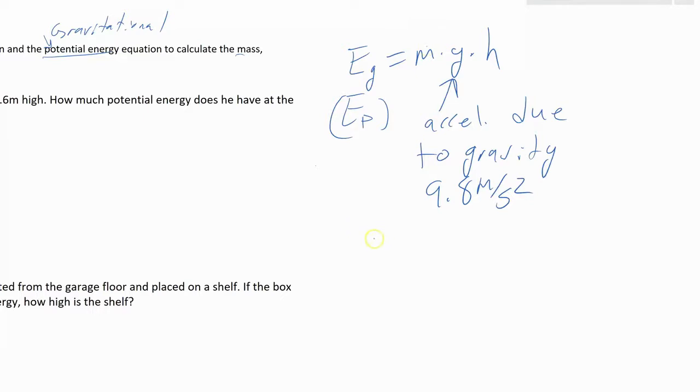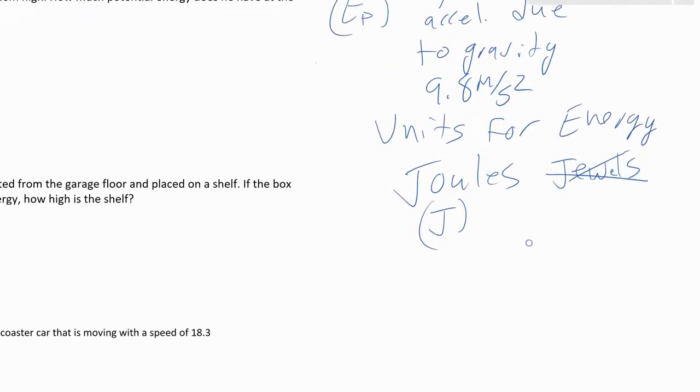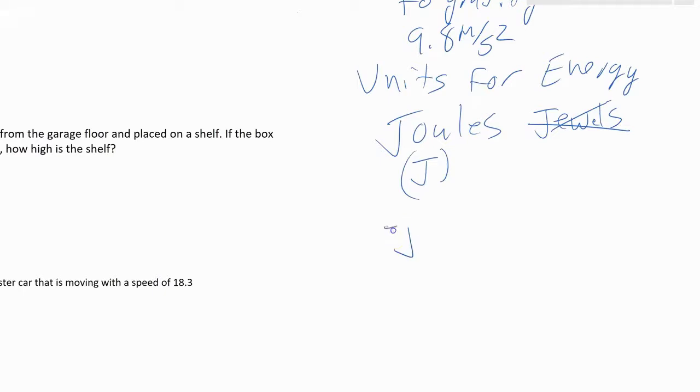The units for energy are joules. Not like those shiny things, but it's said the same way. Joules, or J for short. And a joule equals a Newton times meters.